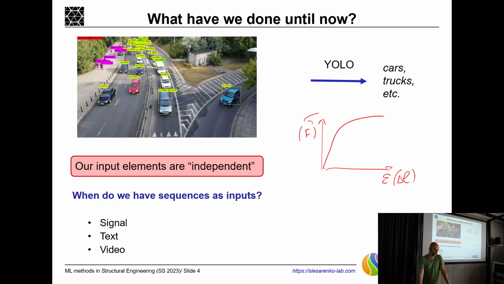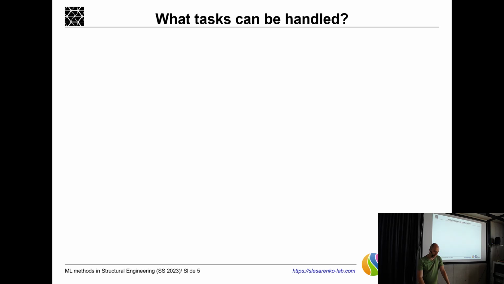But now, since we will talk about RNNs, we'll talk mostly about text. So now we know what sequences are. What tasks can be performed using sequences? Any guesses? If we have text as a sequence, what can we do with text?